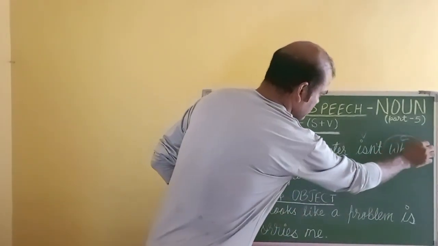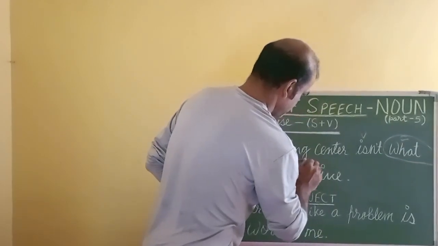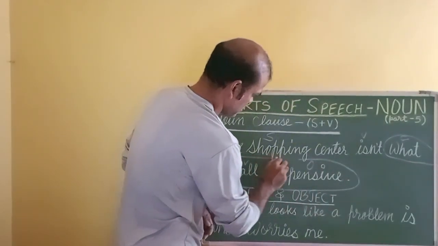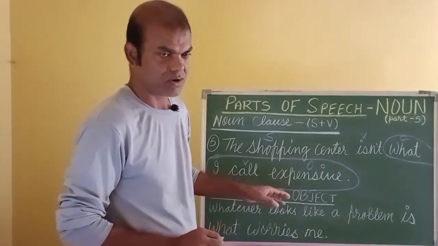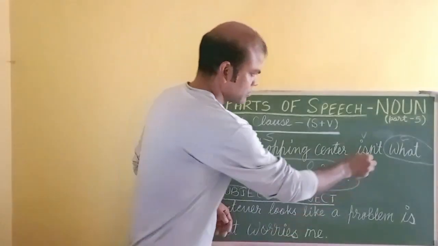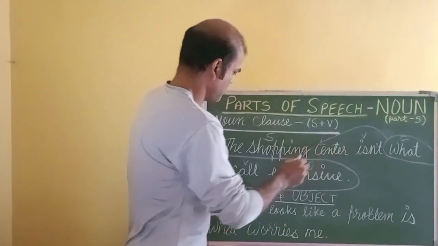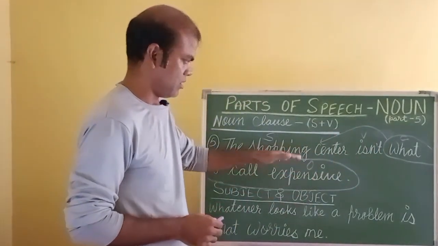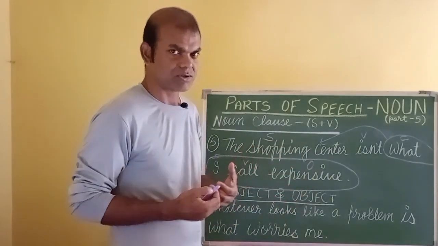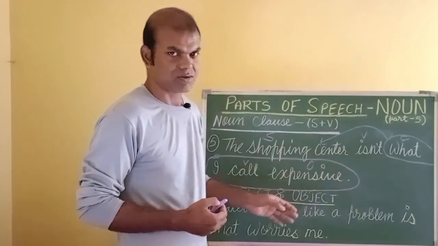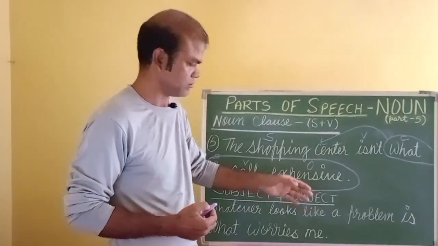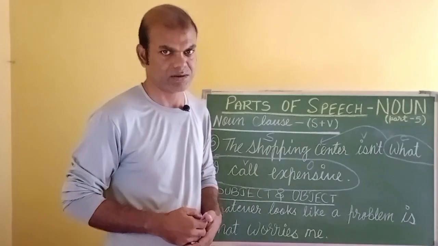So this whole group of word is known as noun clause, and this is the complement to the subject, the shopping center. The complement is letting us to know more about the subject, shopping center. What I call expensive is the shopping center.